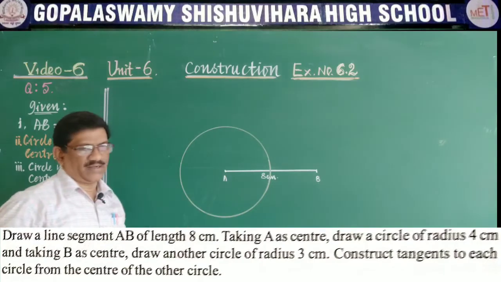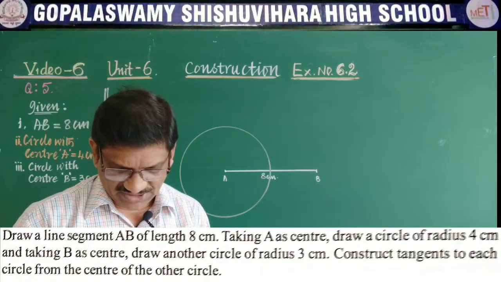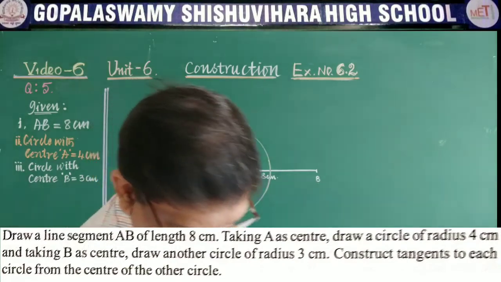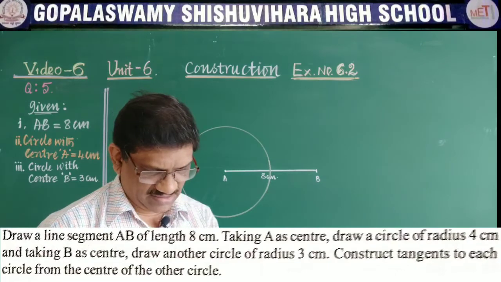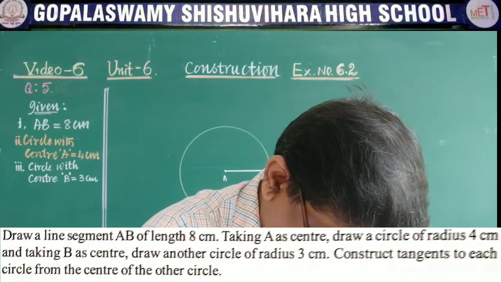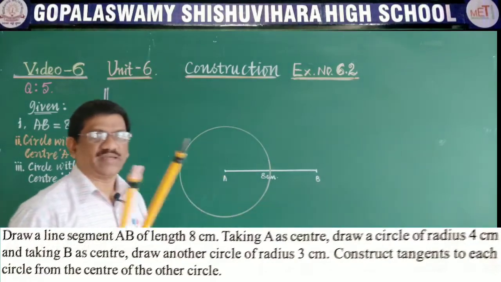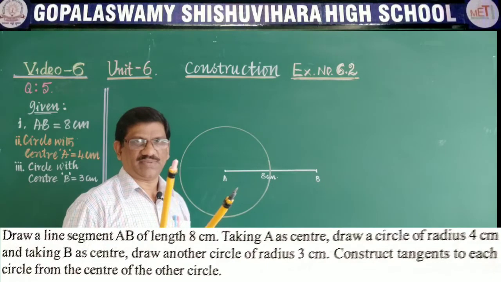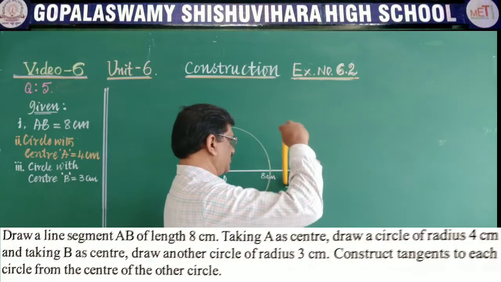Now, with B as a center, we have to draw another circle with radius, how much? It is 3 centimeter. So now I have taken 3 centimeter radius in the compass. With B as a center, I am drawing the circle.